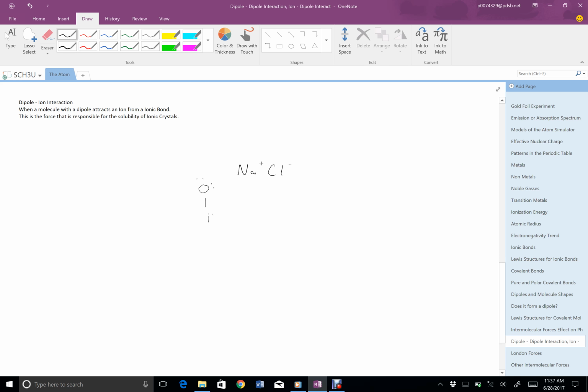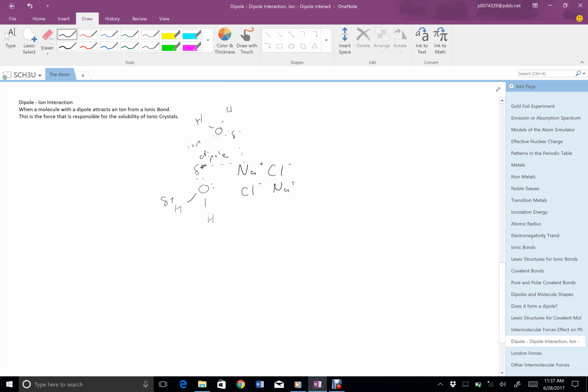So if we imagine water has a partially positive and partially negative end, the oxygen is partially negative, the hydrogen is partially positive, then we can have an interaction between that water molecule and the sodium. And it doesn't just have to be one, we can have many water molecules interacting with that sodium in these ion-dipole interactions.